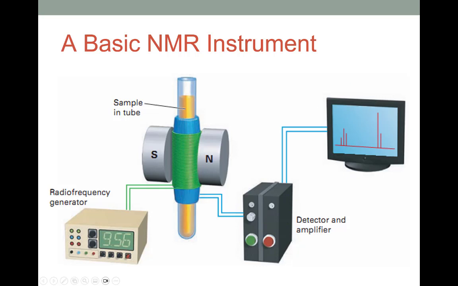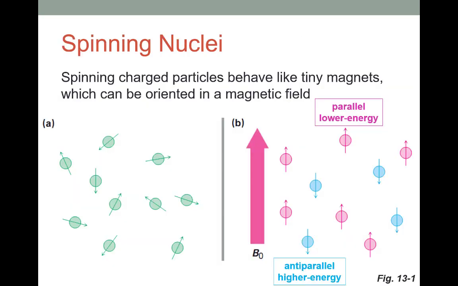When I talk about aligning things and generating radio frequencies, what do I mean? Well, spinning charged particles. In this case, we're talking about the nuclei of our atoms that are moving. We could imagine those in a normal sample sitting in a tube on the benchtop. Those nuclei would be randomly oriented in all sorts of different directions.